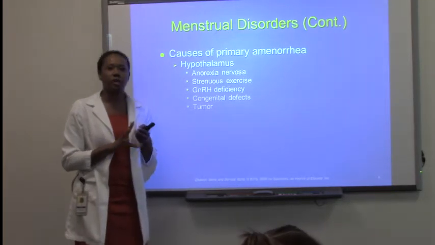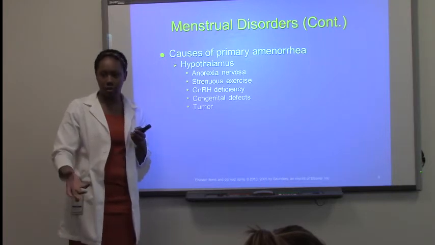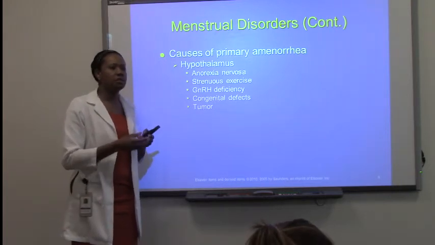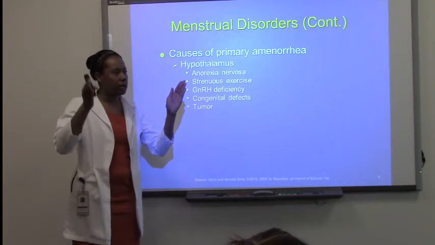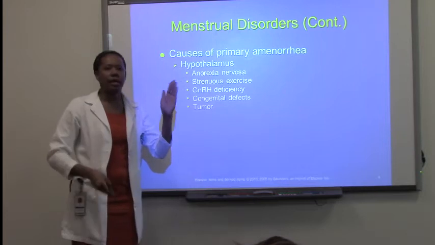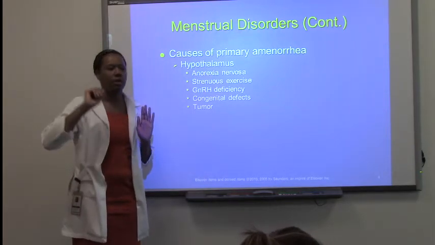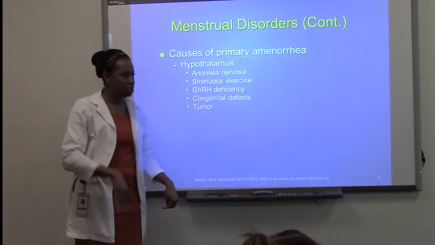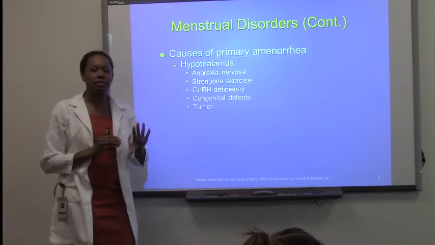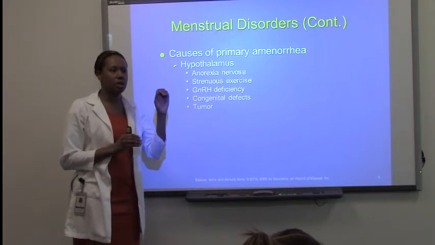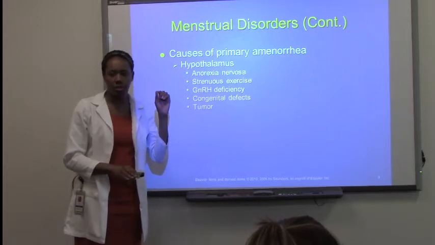FSH and LH, when they are secreted, will also stimulate the secretion of estrogen and progesterone in the female. Please understand that LH and FSH have a direct relationship to estrogen and progesterone. So when LH and FSH are increased, progesterone and estrogen are increased. When LH and FSH are decreased, estrogen and progesterone are decreased. So the whole point of me saying that is so you'll understand that the pituitary gland is extremely important with the secretion of these sex hormones.